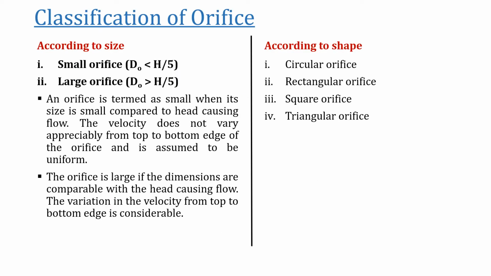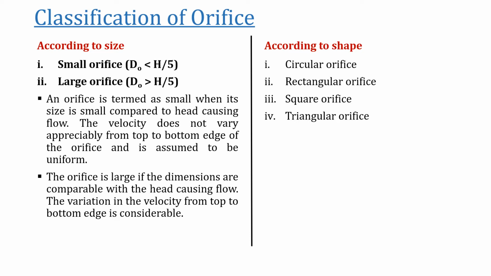Let's see the classification of orifice. According to size, an orifice can be classified as small or large based on its diameter. If the diameter of the orifice is less than h by 5, it is termed a small orifice, and the velocity does not vary appreciably from top to bottom edge of the orifice, hence it is assumed to be uniform.